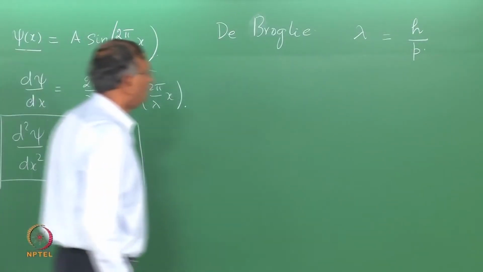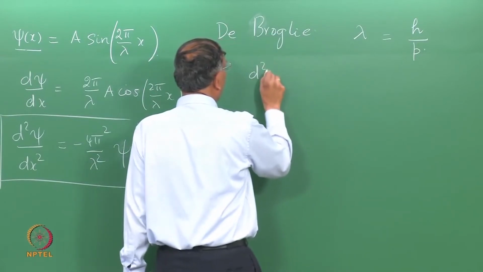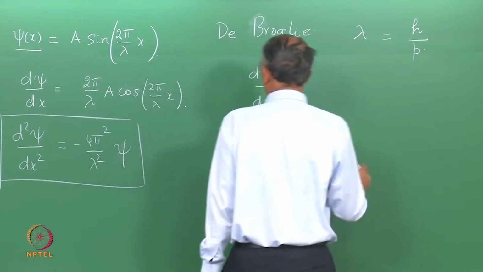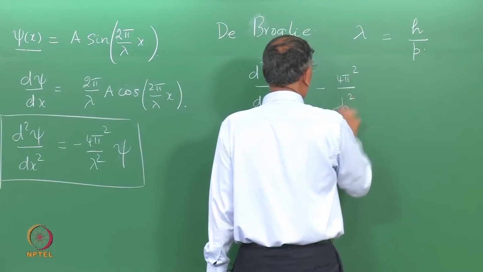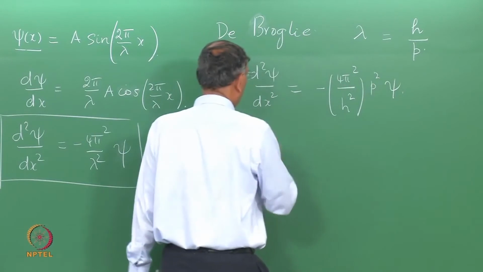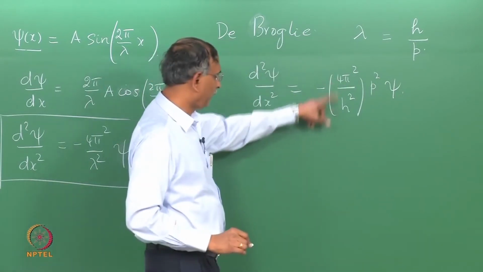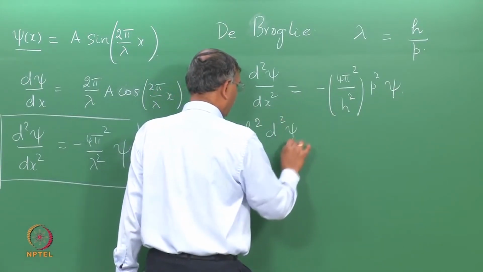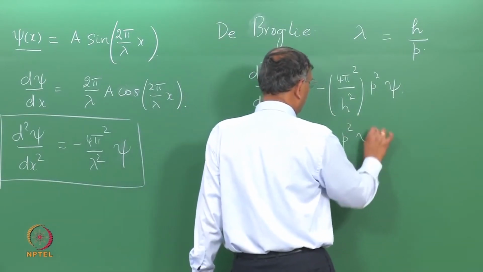Therefore if we write the wave equation, d square psi by dx square is equal to minus 4 pi square by h square multiplied by p square psi. We know that h by 2 pi is h bar, therefore if we bring that in, it's minus h bar square d square psi by dx square is equal to p squared psi.